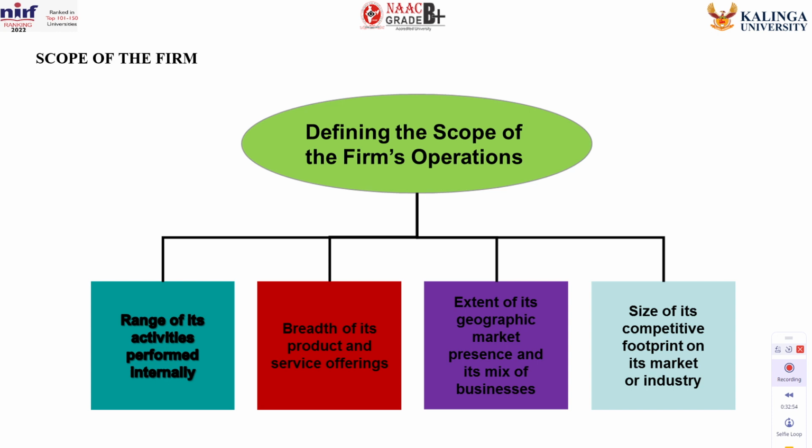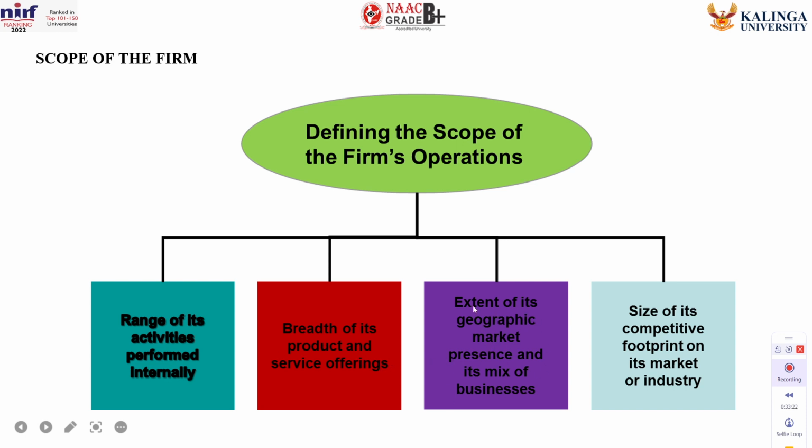Now, if we define the scope of the firm's operation, then we have to work on four different things. First is the range of activities that will be performed internally. What are the various activities performed internally in an organization? Then the width of the product and service offering. What will be the products and services, and what are the various types offered in an organization?